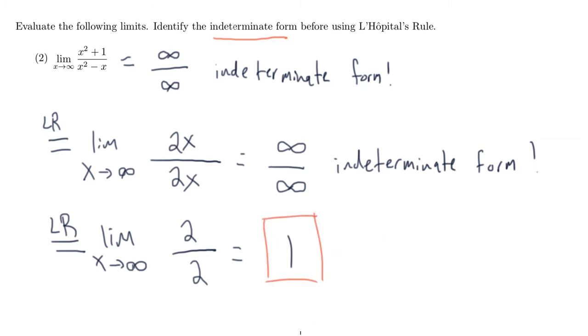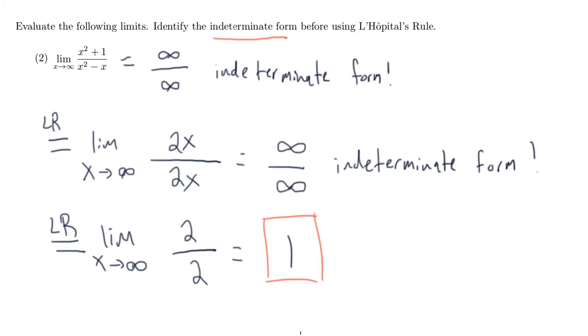So this example shows that you can apply L'Hopital's rule time and time again until you get to something that you can evaluate. But it is still essential that every single time, even if you have to apply L'Hopital's rule 10 times, you verify before each time that you have an indeterminate form.